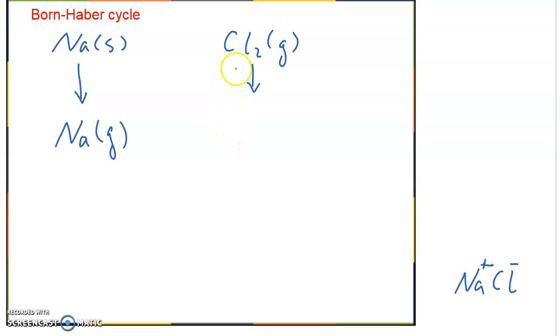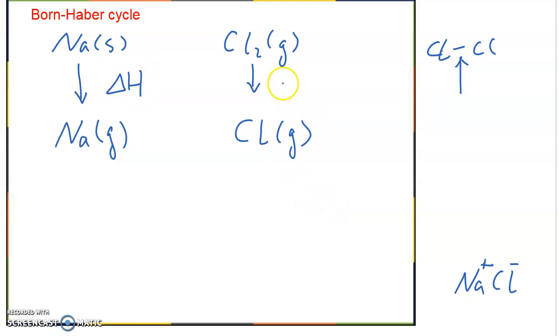It is the bond energy. I can open this up and become 2 chlorine gas atoms. That is called the bond energy, because for chlorine we know this bond energy already. So we know the delta H for each step here now.